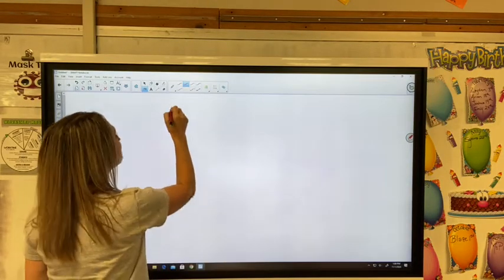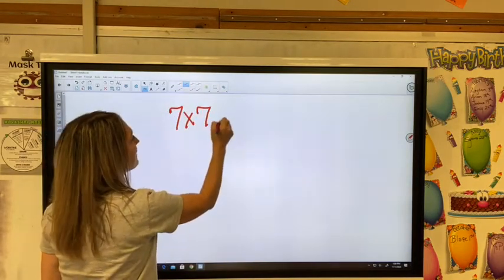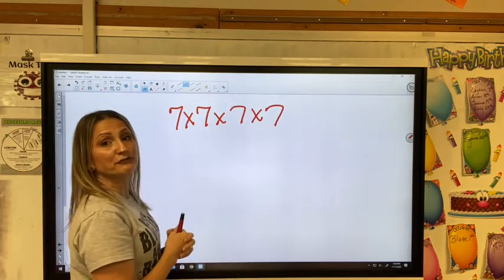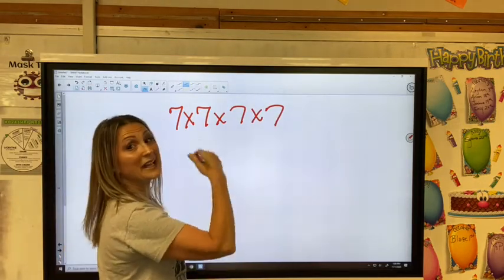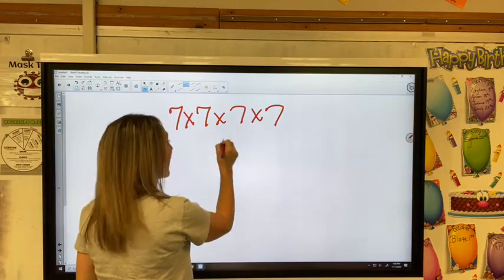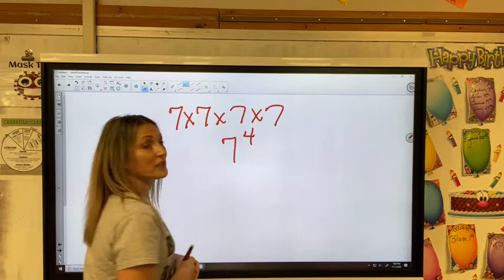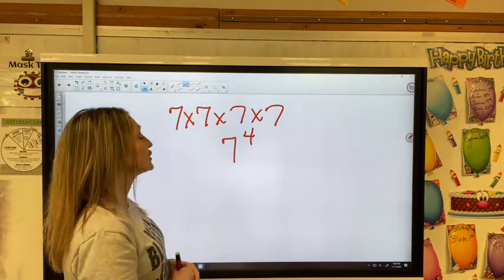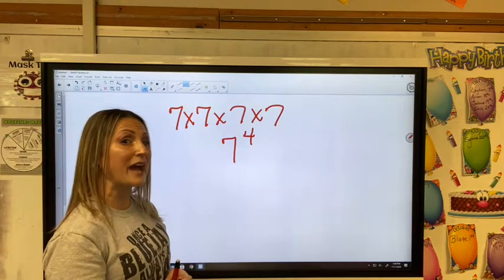So if I have this problem, 7 times 7 times 7 times 7, that's in simplest form. If I want to write it in exponential form, that really means 7 to the fourth, 7 to the power of 4. And you might have to do that either way.